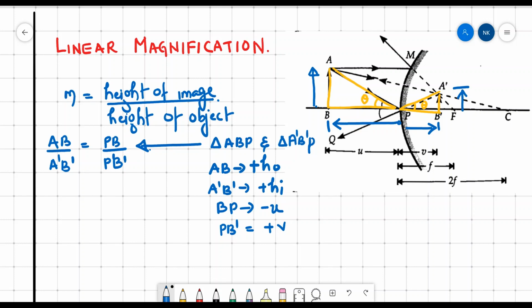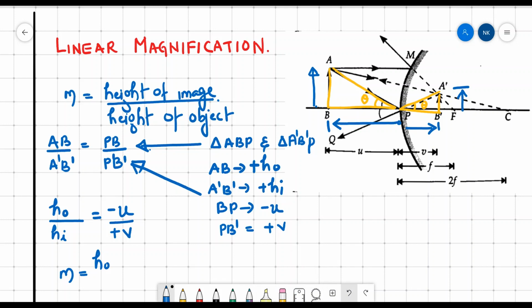I'm going to consider these substitutions here. So AB will become plus HO, A dash B dash becomes HI, and PB will become minus U, PB dash becomes plus V. Now HO upon HI, we know that it is linear magnification.